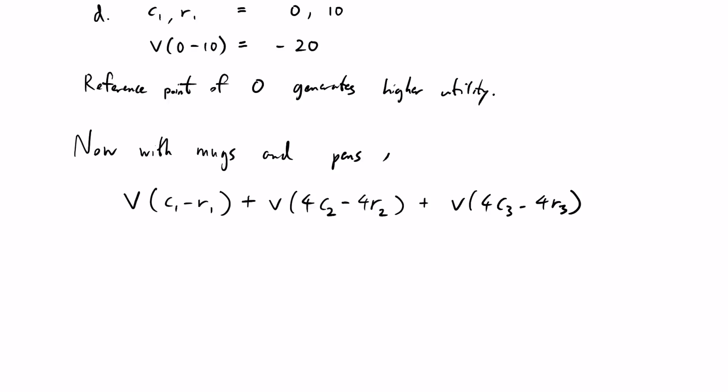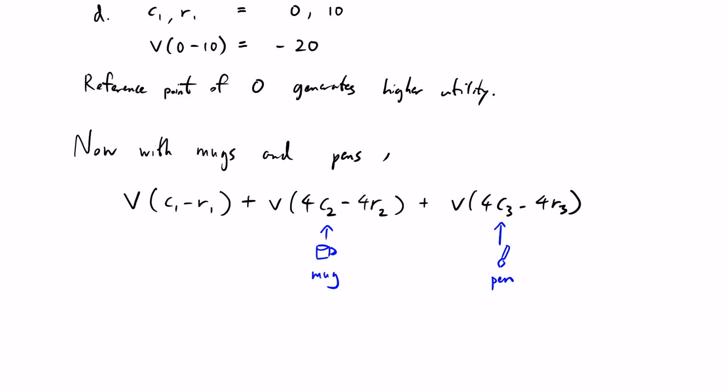I think this is mug, and this is pen. And obviously, R2 and R3 would be their reference points, respectively. Essentially, what this utility function says is a pen should be worth $4 and a mug should be worth $4. That's the idea.